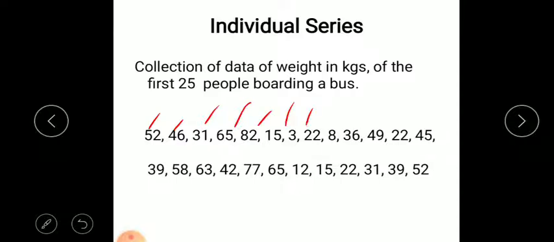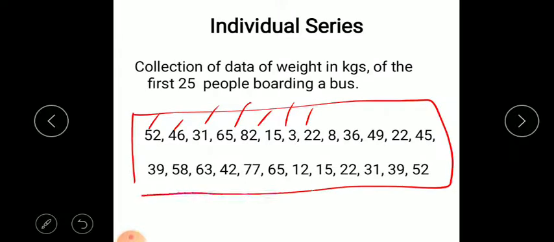So this is definitely raw data. This is an example of an individual series. Whether you arrange it in ascending or descending order and convert it into a data array, that also is an individual series. So whether it is raw data or a data array, if it is in this form, it is known as an individual series.